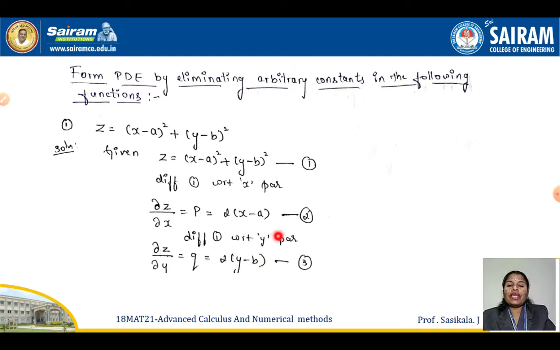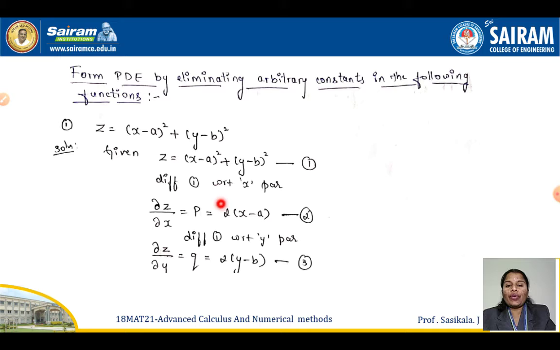Now you can see equations 2 and 3: I got dou z by dou x and dou z by dou y in terms of x minus a and y minus b. So x minus a I can write as p by 2, and y minus b will be q by 2.